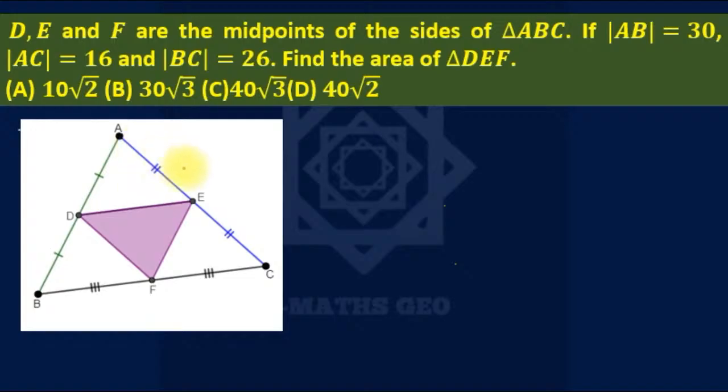So if AC is 16, meaning that here is 8, while BC is 26, meaning this is 13, AB is 30, which is 15. So by the mid-segment theorem, we see that here is 26, here should be 13. Also by the mid-segment theorem, this is 30, so EF will be 15. So the same thing from this 8.